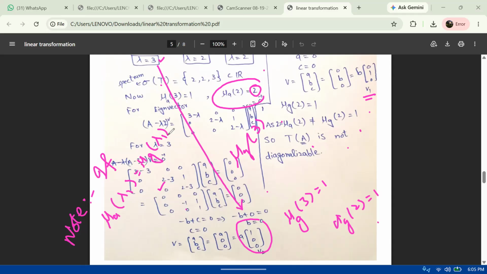But if the algebraic multiplicity is not equal to the geometric multiplicity for even a single lambda, you can say that it's not diagonalizable.